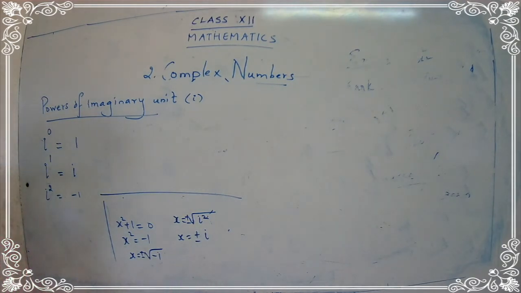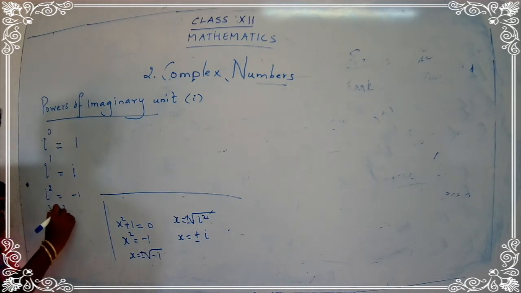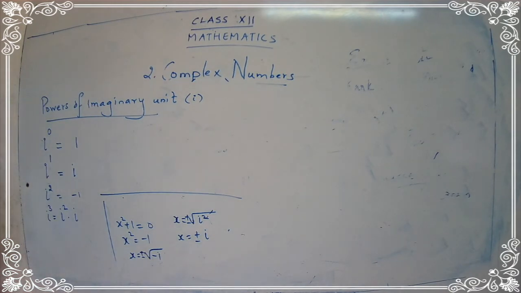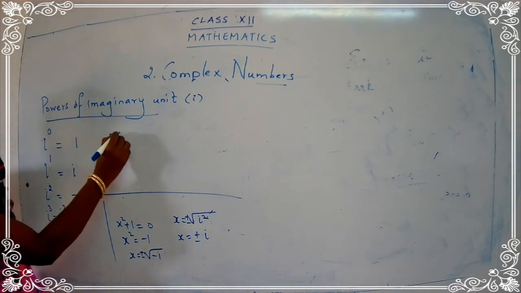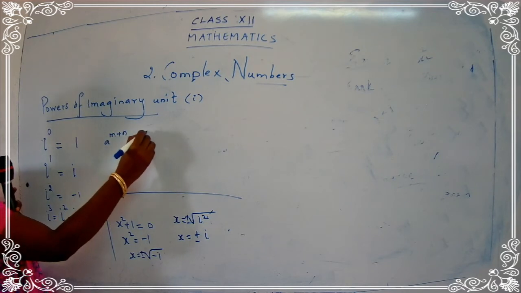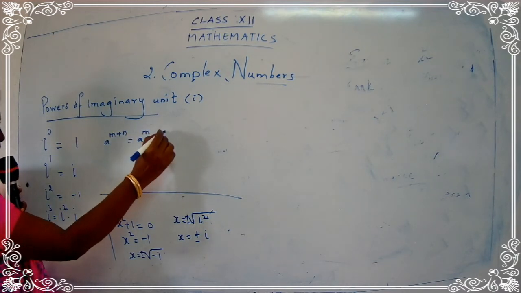Okay, so now let's go with the next number, I cube. Now what is I cube? I cube is I square into I. We are just splitting I cube as I square into I, that is 2 I's and 1 I. So a raised to m plus n is equal to a raised to m into a raised to n.